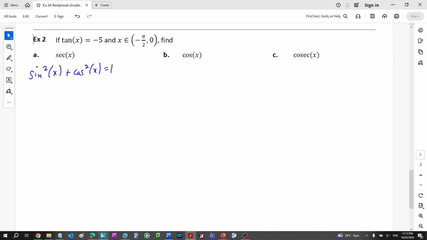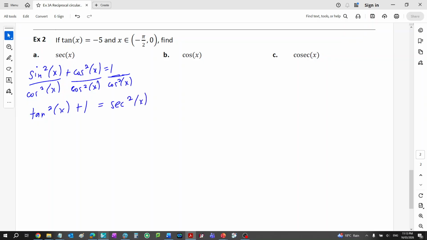Now because I'm trying to generate sec, I could divide everything here by cos squared x. And so over here, that's going to give me tan squared x plus 1 is sec squared x, which is our identity from before.